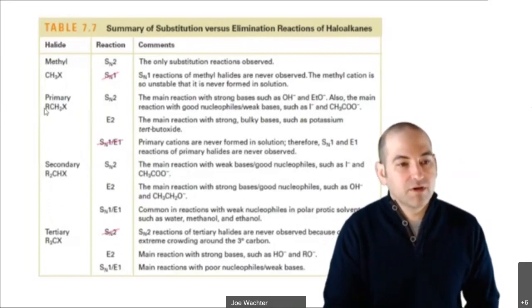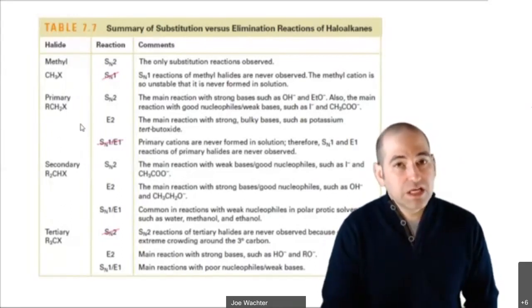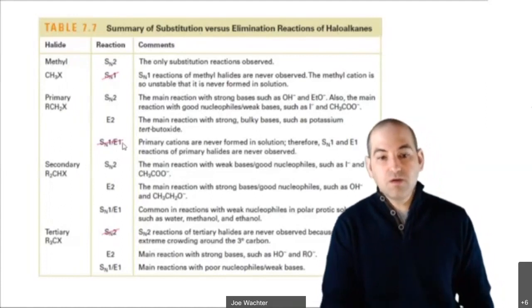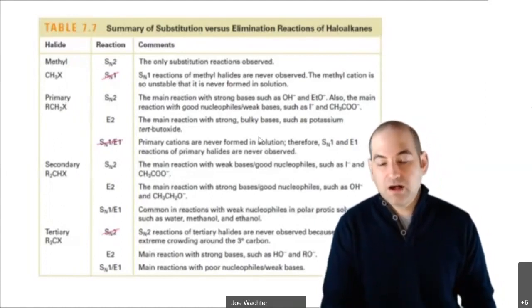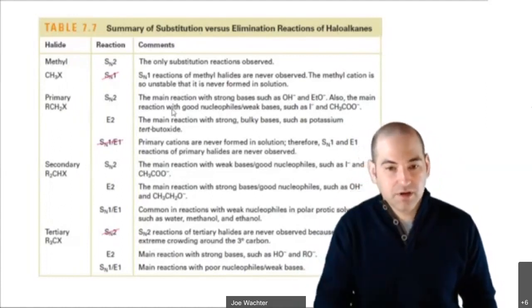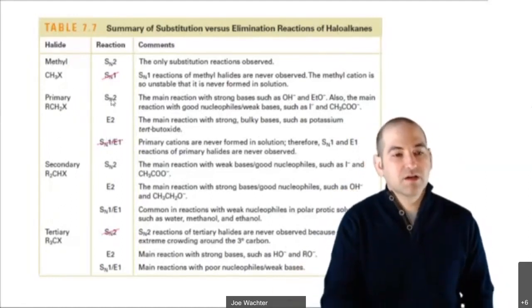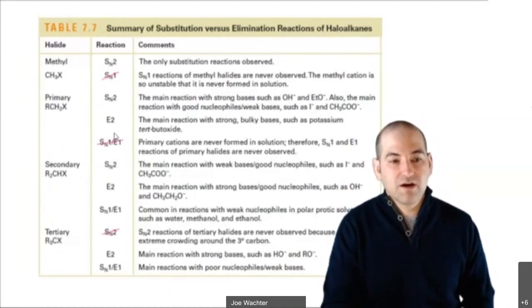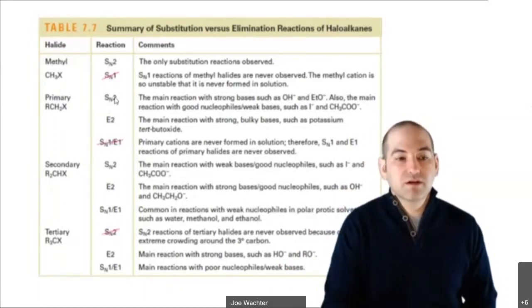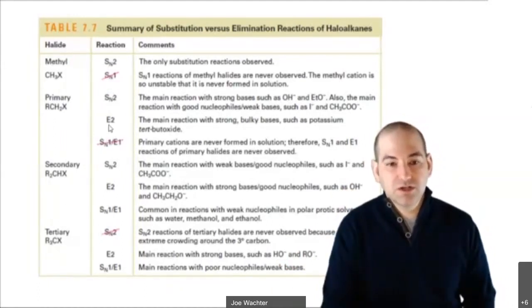So for example, if we have a primary substrate, we can just immediately discount SN1 and E1 because primary cations are not going to be formed in solution. They're not stable enough. So then we can look between SN2 and E2.